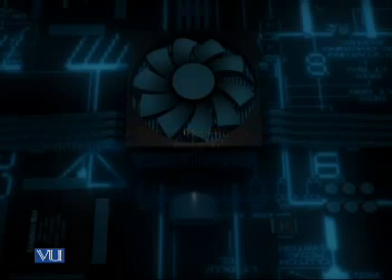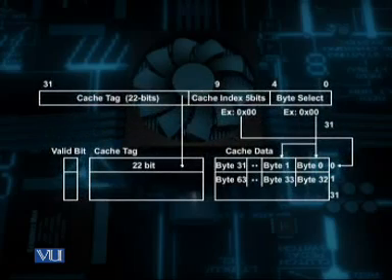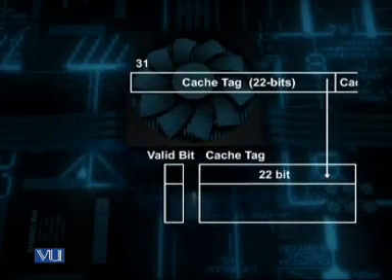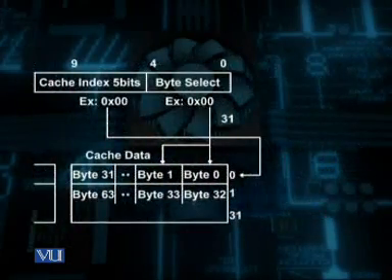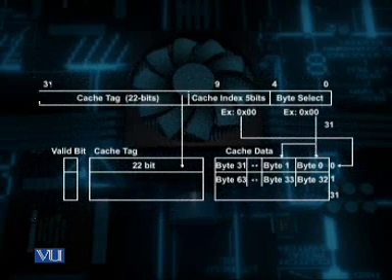Now for a 4 gigabyte memory, it requires a 32-bit address, whereas let us assume that our cache is of 1K byte, and as a first example, let us consider direct mapped or one-way associative cache, which means there are 32 blocks, and each of the 32 blocks has got 32 bytes.